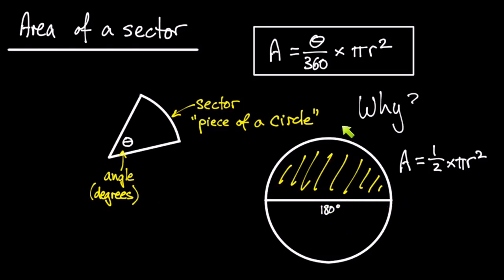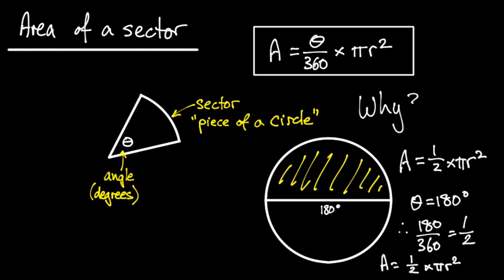So according to this formula, I could say that the area equals theta over 360, so my degrees over 360. Now I've got 180 degrees, so 180 divided by 360, which if you simplify that gives you a half. So we end up with the same formula as we had up here. In other words, 180 divided by 360 is the same thing as saying half times the circle.